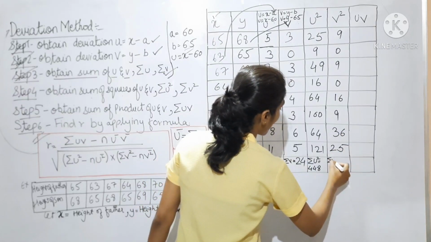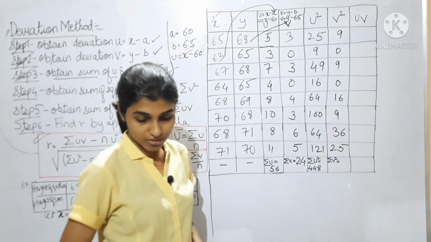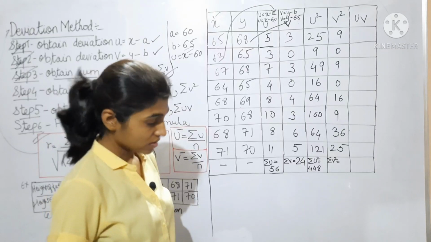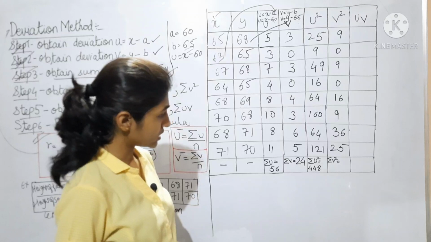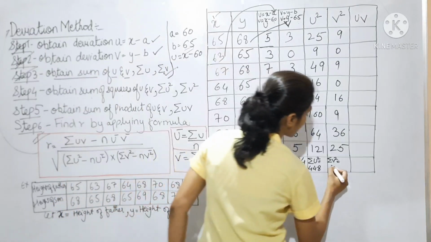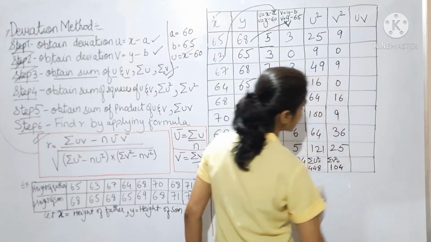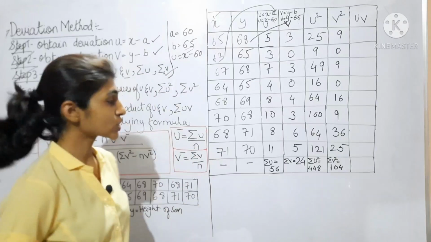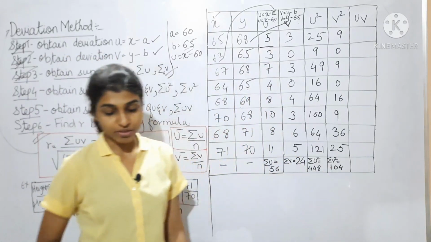So now add all the values of v square: 9 plus 16 plus 9 plus 36 plus 25. So I am getting 104, as the summation of v square. Check whether you are getting this answer correct or no.